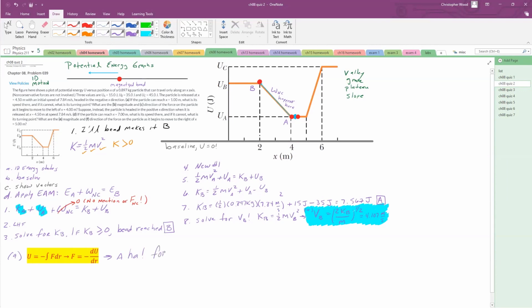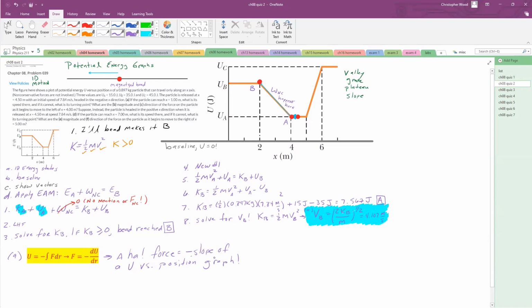Force equals negative slope of a potential energy, U, versus position graph.